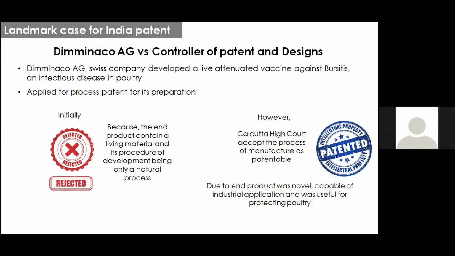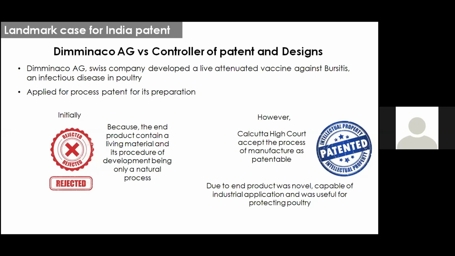The Calcutta High Court accepted the process of manufacture as patentable. The reason the Calcutta High Court gave was that though the end product is a living material, that cannot be the only reason to not grant any patent. Second, the end product is novel and does have the capability for industrial application, and it is very much useful in protecting poultry.